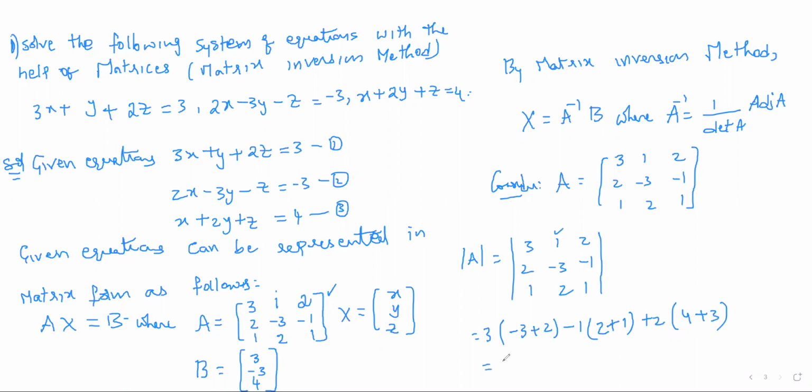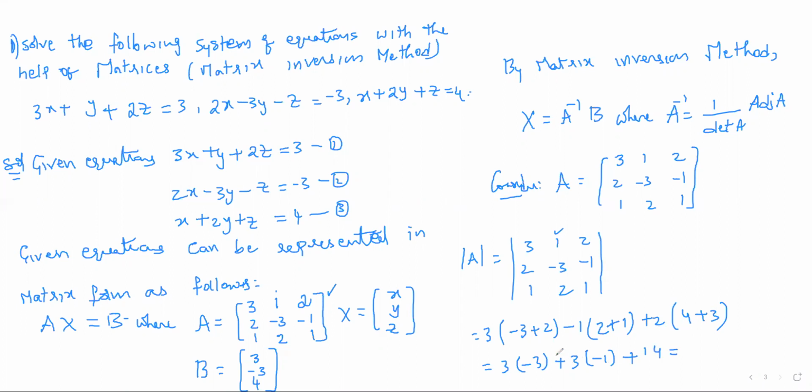So 3 into minus 1, minus 1 into 3, plus 4 plus 3 is 7, 7 2s are 14.